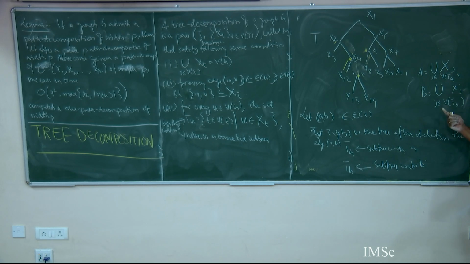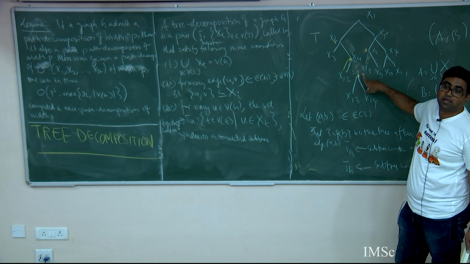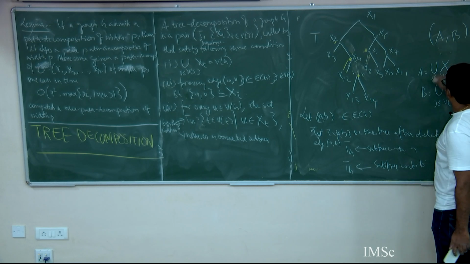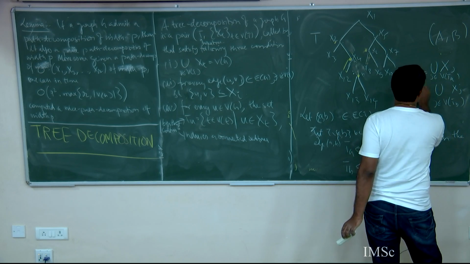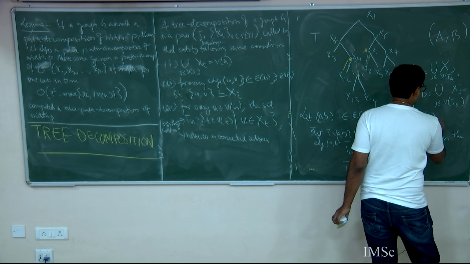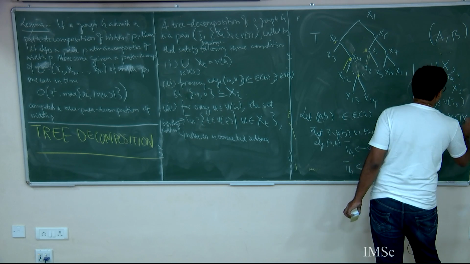Since I have only deleted an edge, the union is the vertex set of G. I claim this provides a partition where the intersection is contained inside this bag and this bag. In other words, A intersection B is contained inside XA intersection XB.